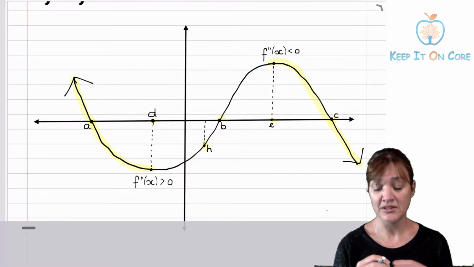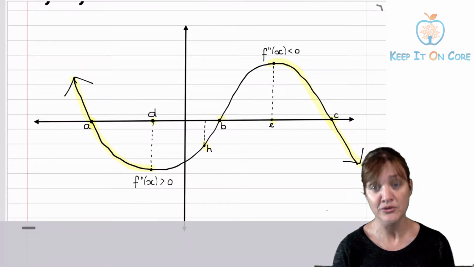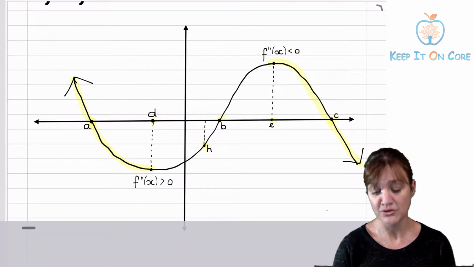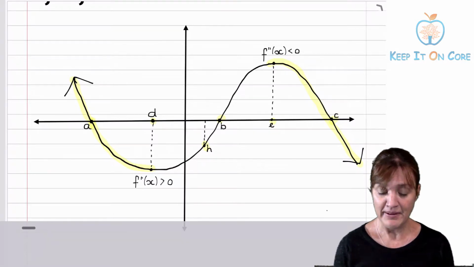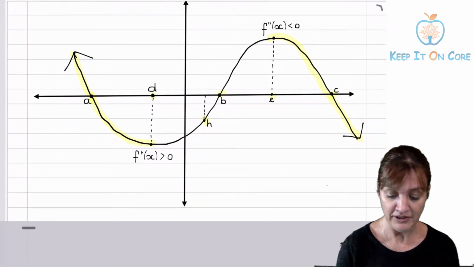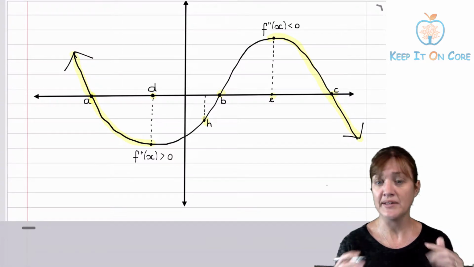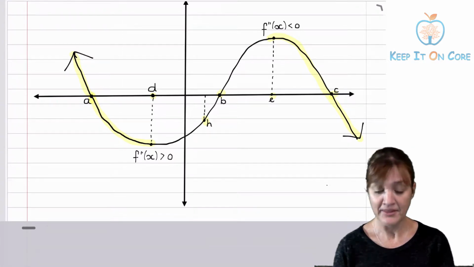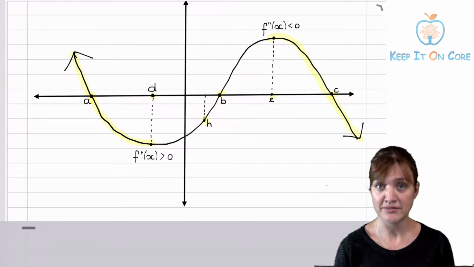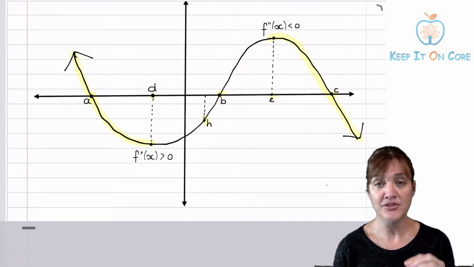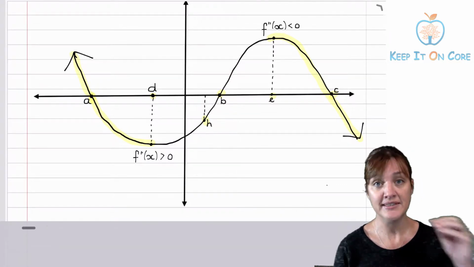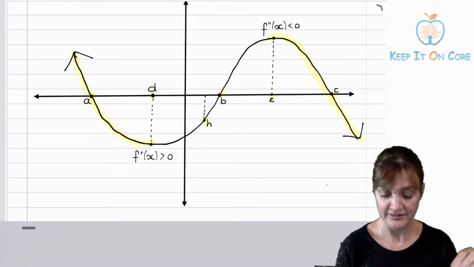There's a very important and useful rule that we can use called the second derivative rule. Basically the second derivative rule does the following. If you want to determine whether a particular turning point is a minimum or a maximum, you work out the second derivative and you substitute the x-coordinate of the turning point into the second derivative.